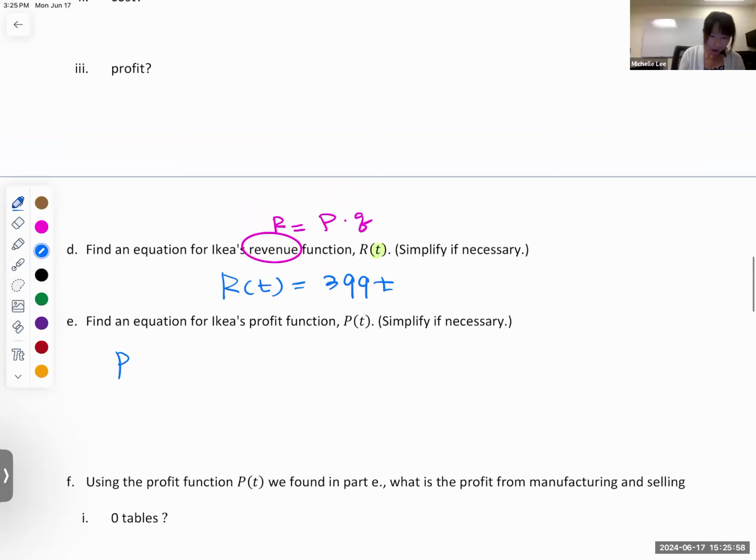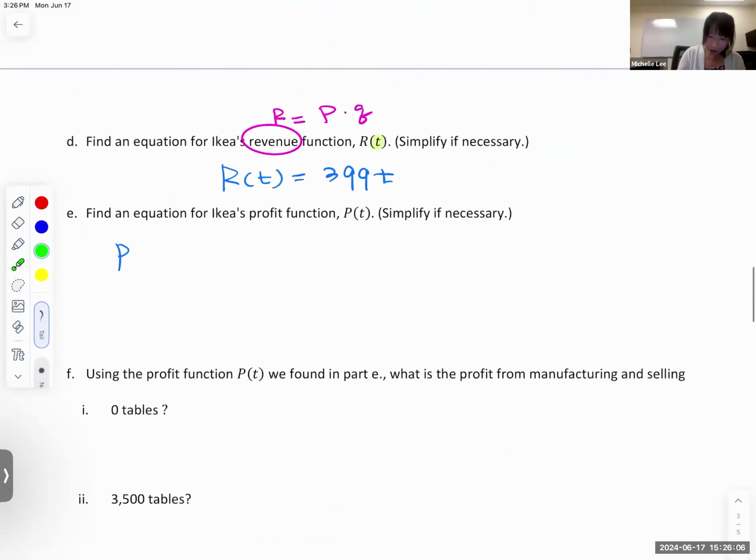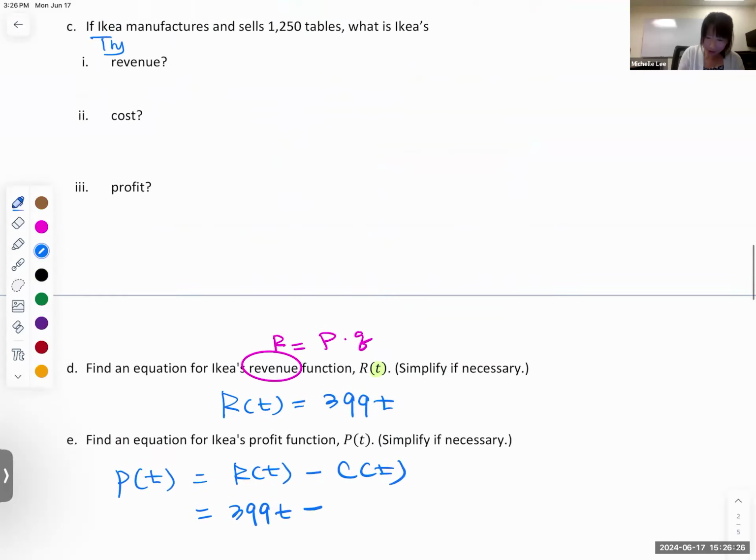So profit, we had earlier, the revenue minus cost function, right? So profit in terms of T equals R of T minus cost function. So R of T, which is 399T, minus cost.